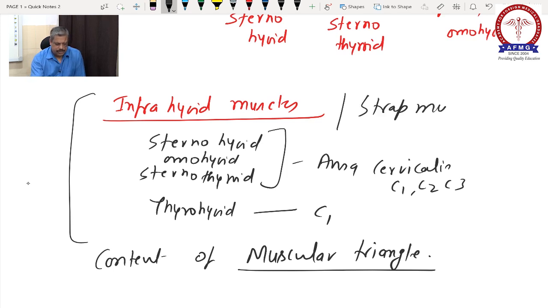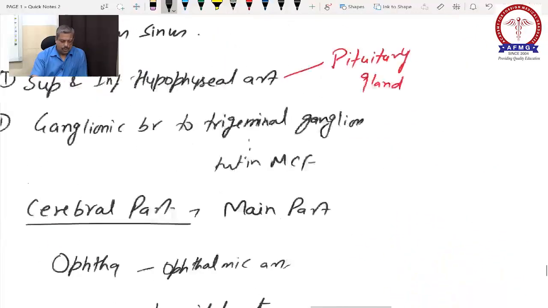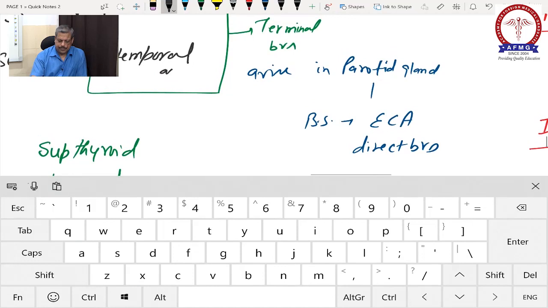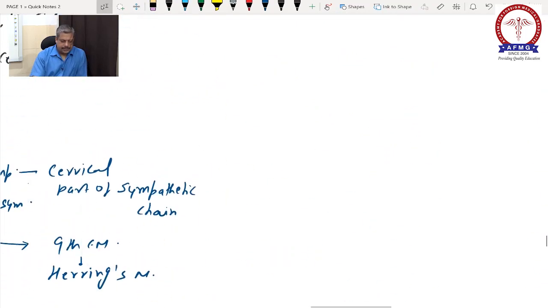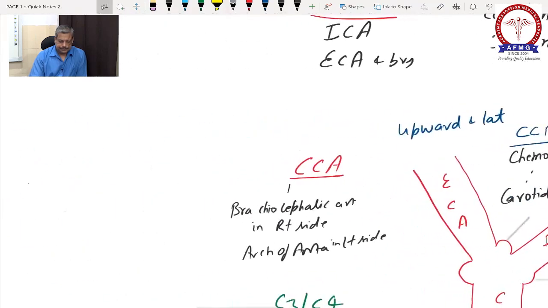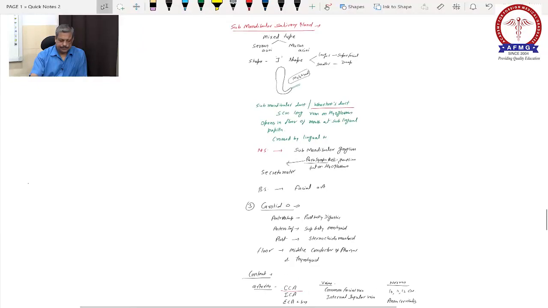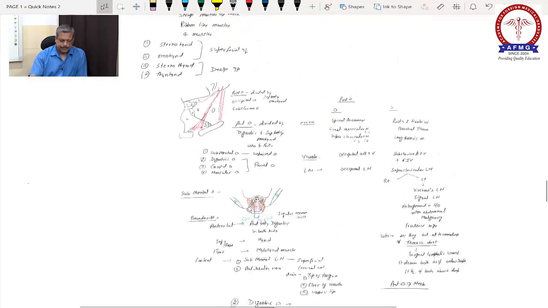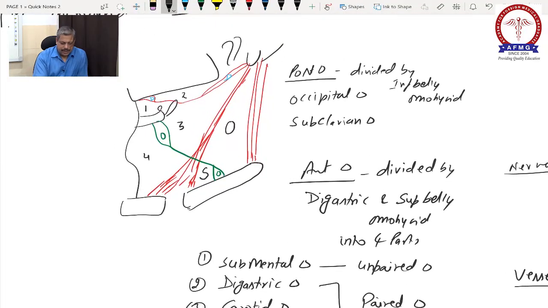Strap muscles of neck. So again come to the diagram of the triangles. So this is our diagram.